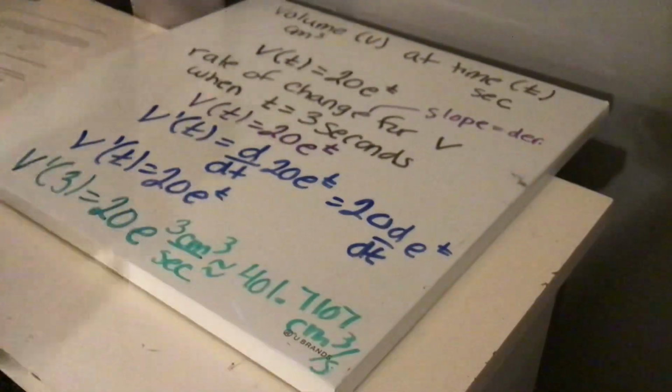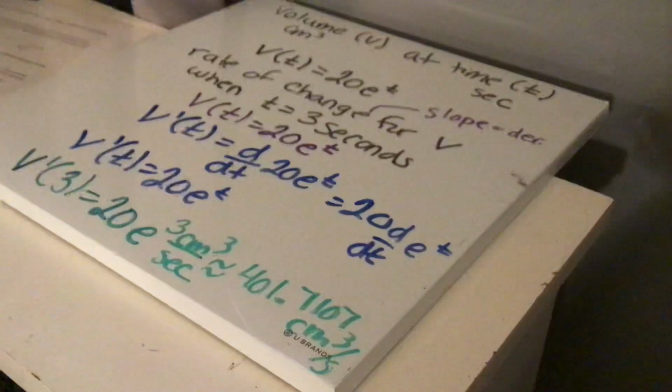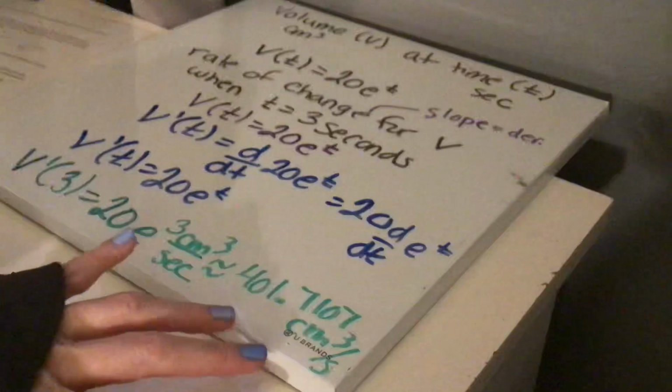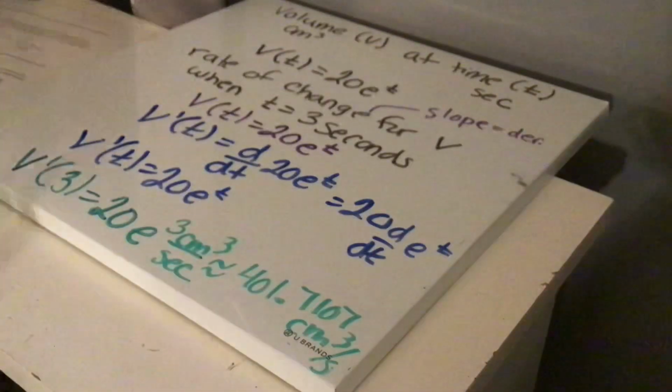So rate of change is slope. Slope is derivative. Find the derivative of your function and then evaluate it at your given value, so for this problem it's 3. The only difference now is you're assigning units to it. We knew it was a slope, but now we can visualize this as a balloon, so how big the balloon is depending upon how long the balloon has been blowing up.